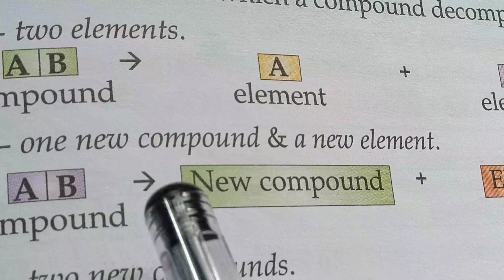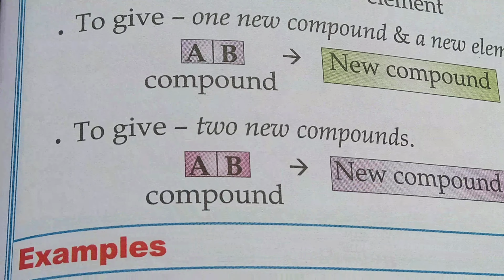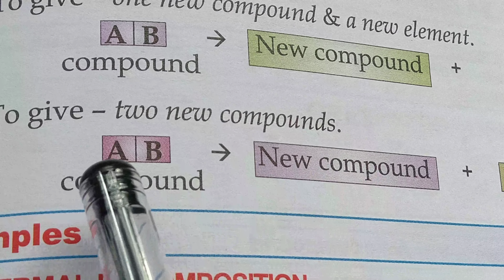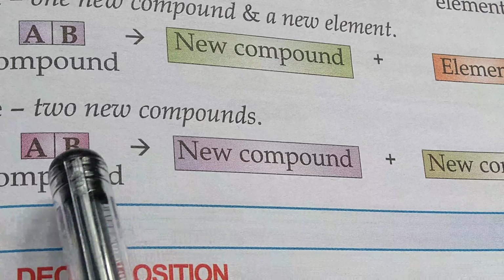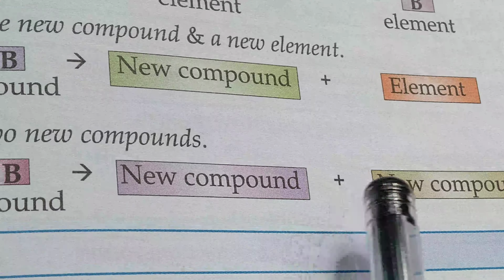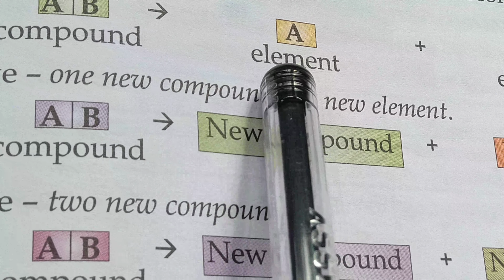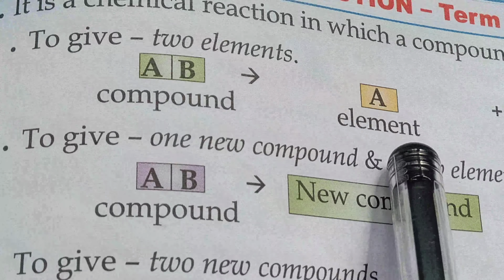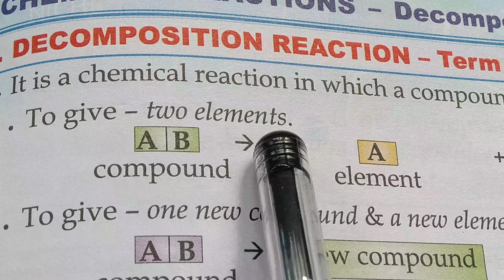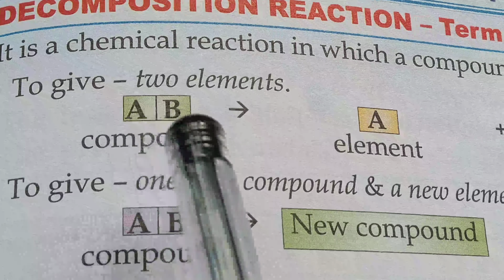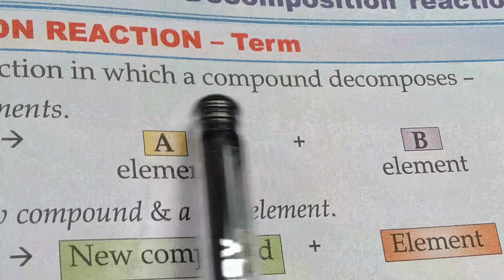So a compound, after decomposition reaction, produces a new compound plus element, or two new compounds. The reactant is always single, and after decomposition it produces more than one product. That's why it is a decomposition reaction. Decomposition reaction means just breaking down. So the reactant after breaking down produces more than one product.